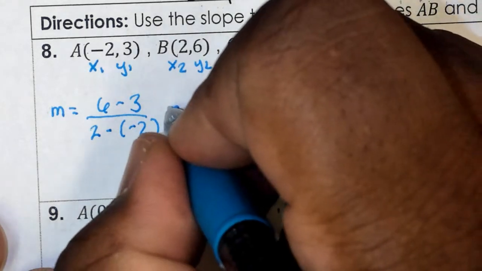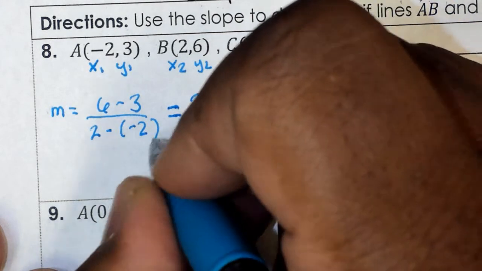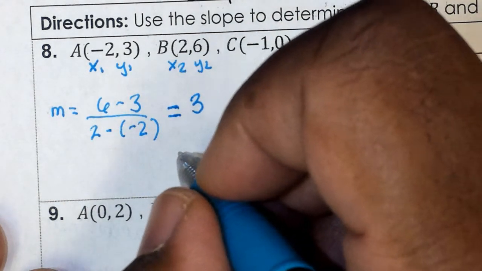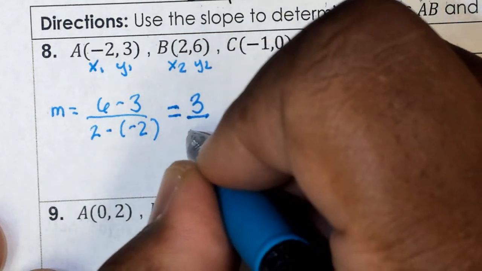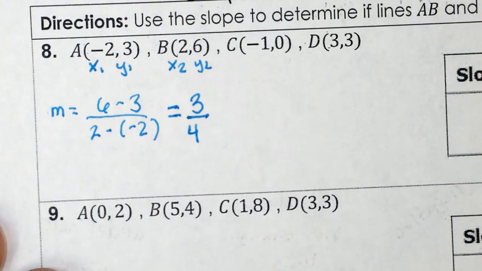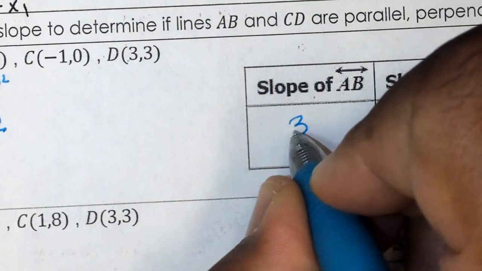So when I solved that, 6 minus 3 is 3. 2 minus negative 2, that's basically adding. So 2 plus 2, 4. My first slope is 3/4. So my slope for line AB is 3/4.